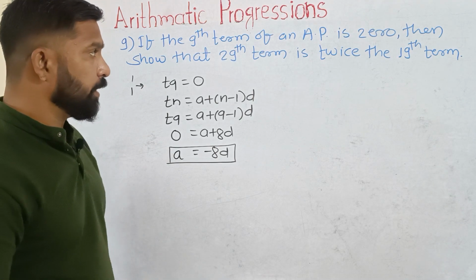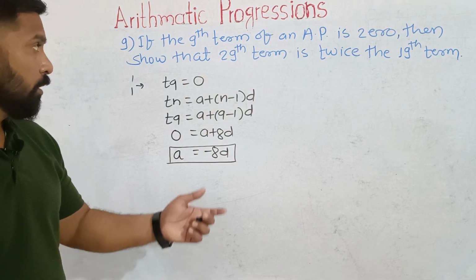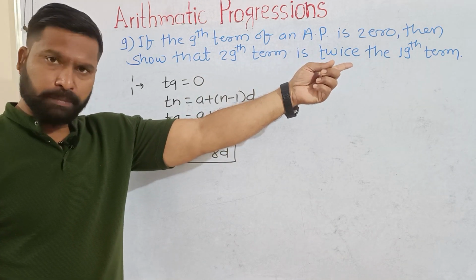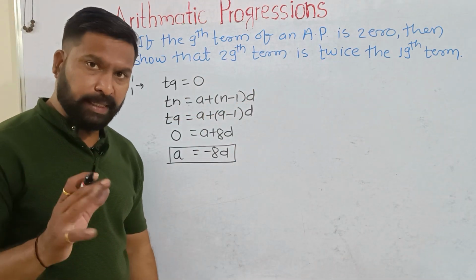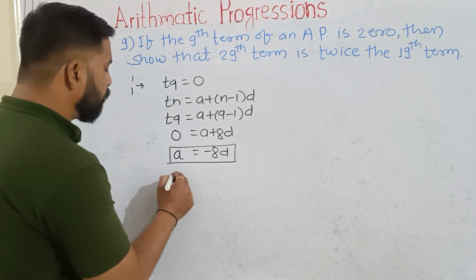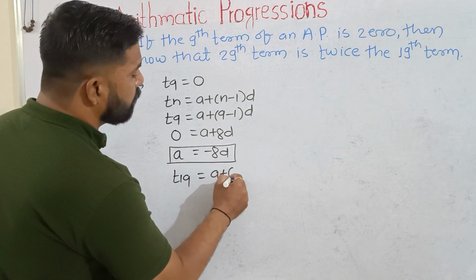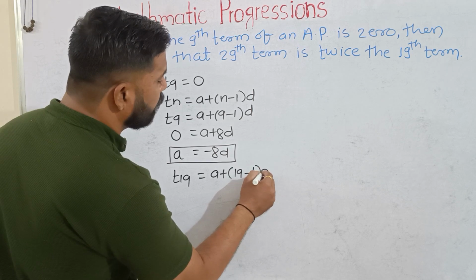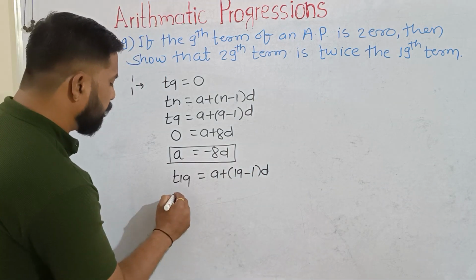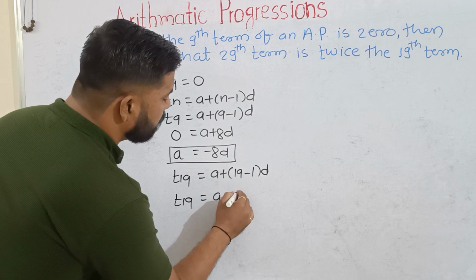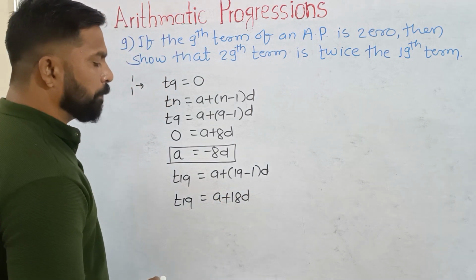Now they are asking us to prove that the 29th term is twice the 19th term. So we will write the 19th term. T19 is equal to a plus 19 minus 1 into d. T19 is equal to a plus 18d.